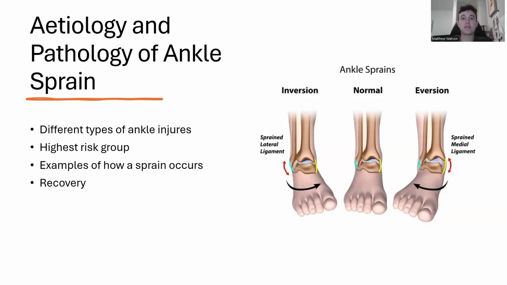There are 2 main types of ankle injuries. There is an inversion injury and an eversion injury, also known as a lateral ankle sprain and a medial ankle sprain. Inversion injuries are the most common and occur when the foot is inverted in plantar flexion and abduction, which is known as the mechanism of injury for a sprained ankle.